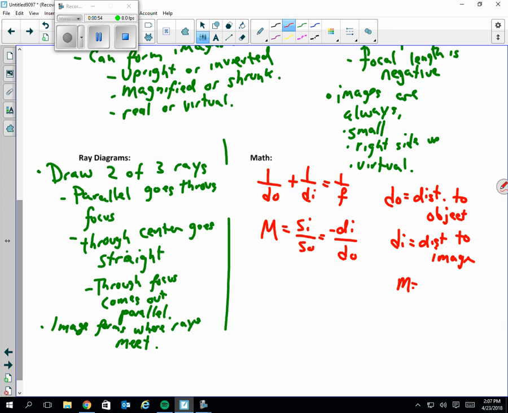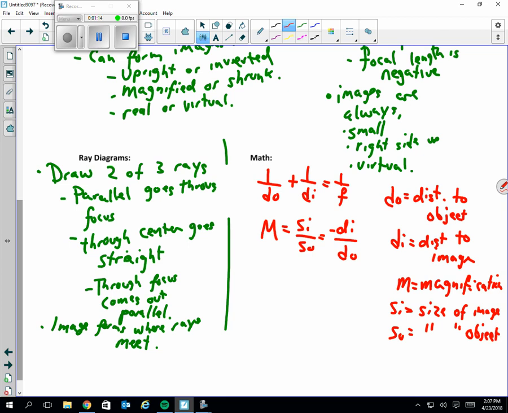M is magnification. SI is size of image. SO is size of object.